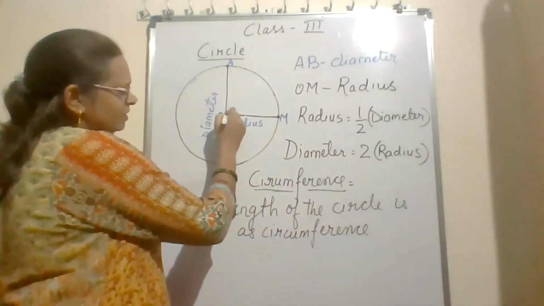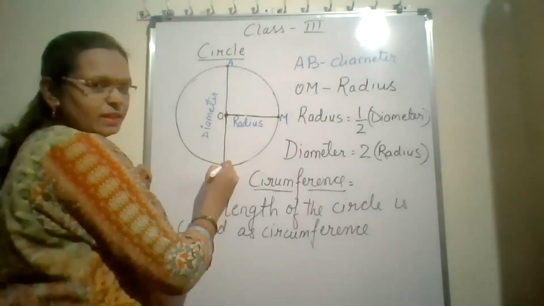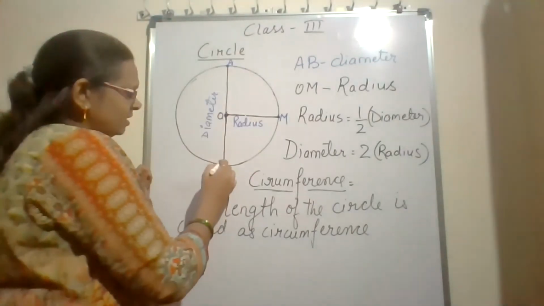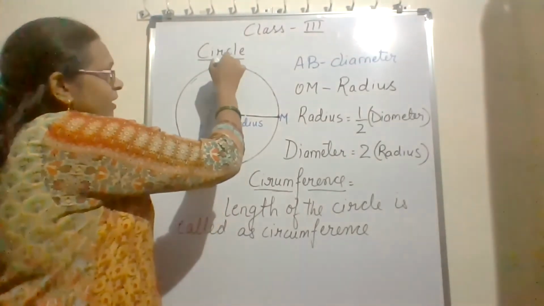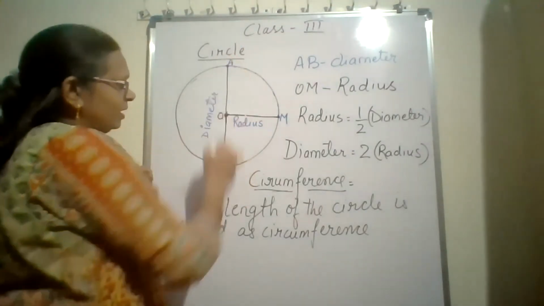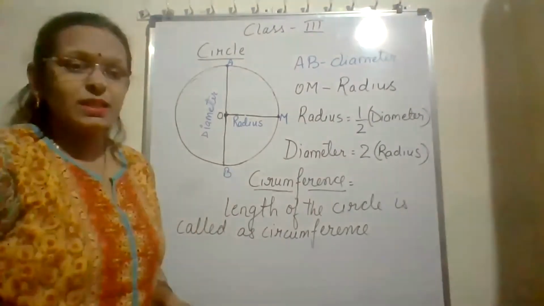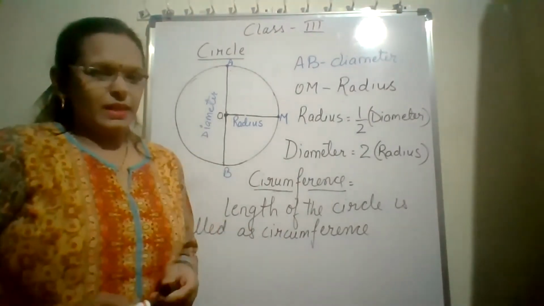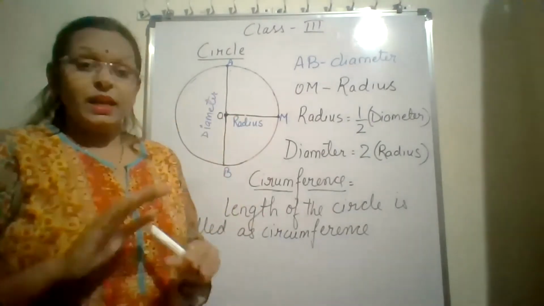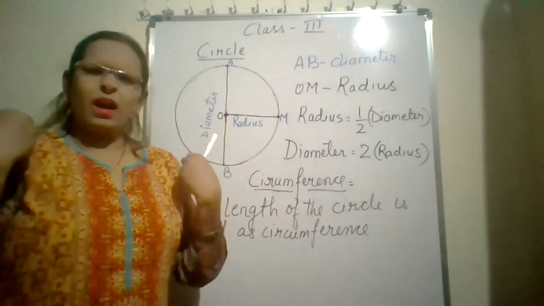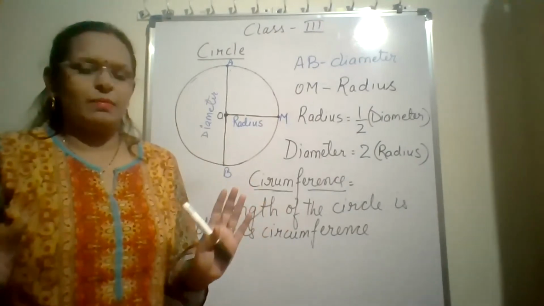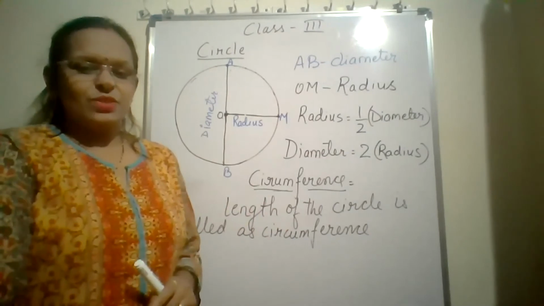See, from the center, I have drawn one radius. From the same point, I have drawn another straight line, straight to this line, touching the circumference of the circle. This AB becomes the diameter, and the diameter is 2 times the radius. A circle has infinite, meaning uncountable, diameters and uncountable radii. So is it clear?